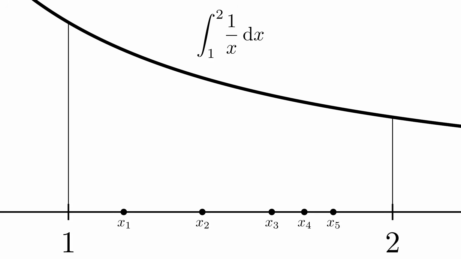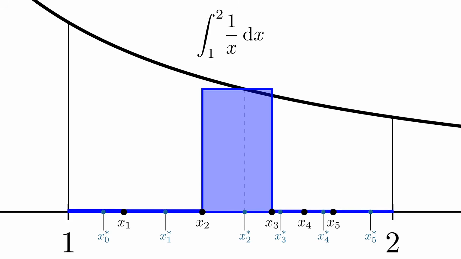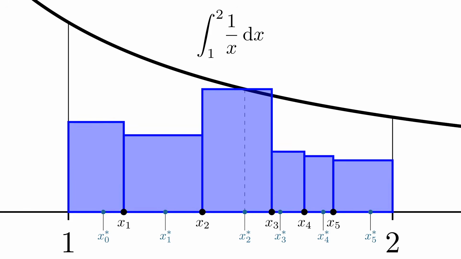Within each segment, we'll choose a point that we'll call xi star, and we'll use that point to define a rectangle. The base of that rectangle will be this segment between xi and xi plus 1, and the height of that rectangle will be the value of the function at xi star. Our Riemann sum is then the value we get when we take the total area of all of these rectangles put together.